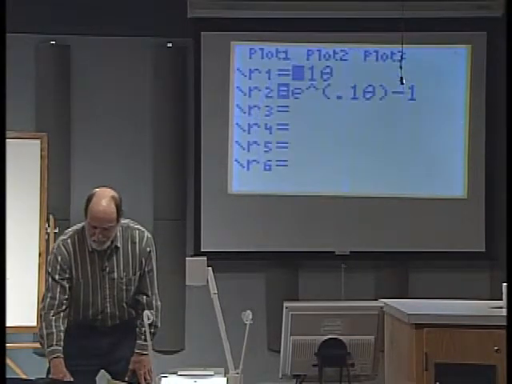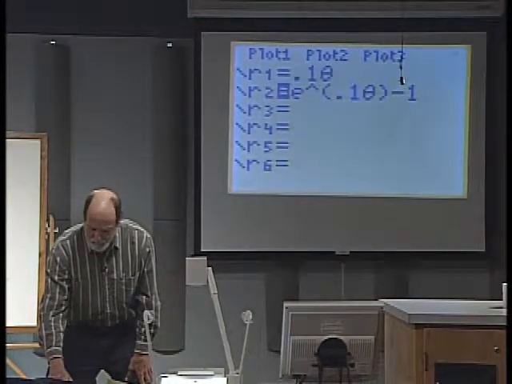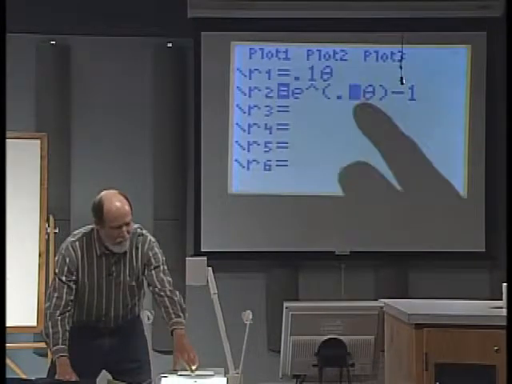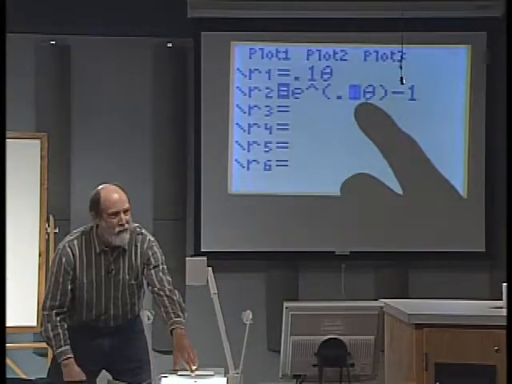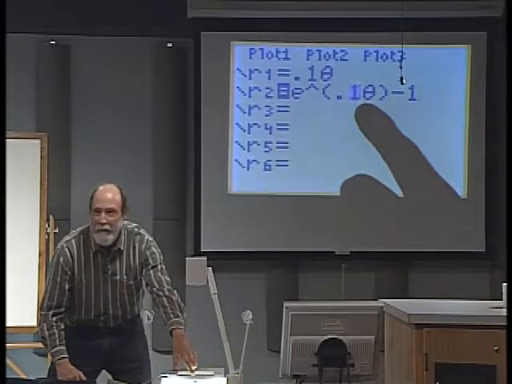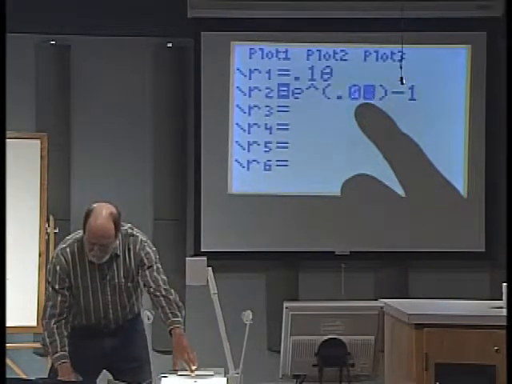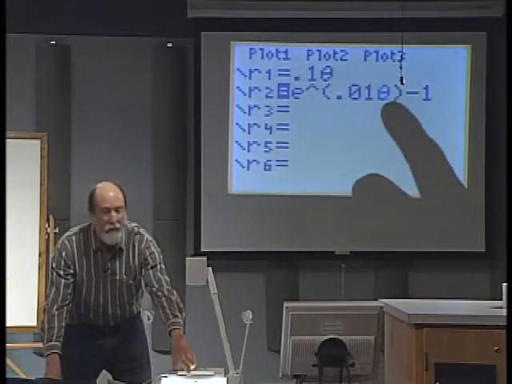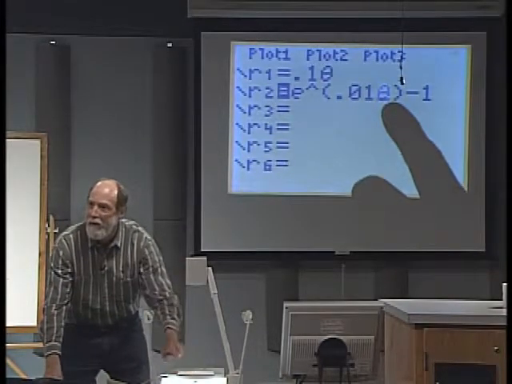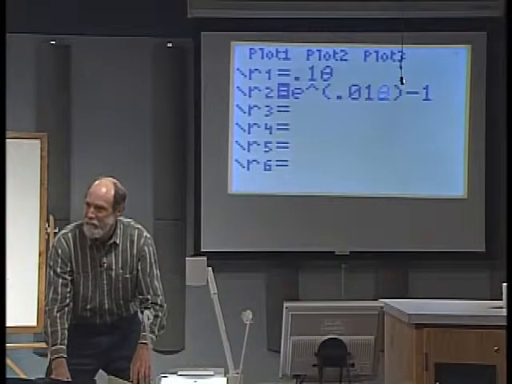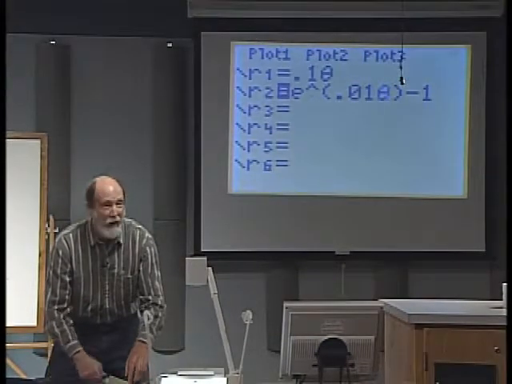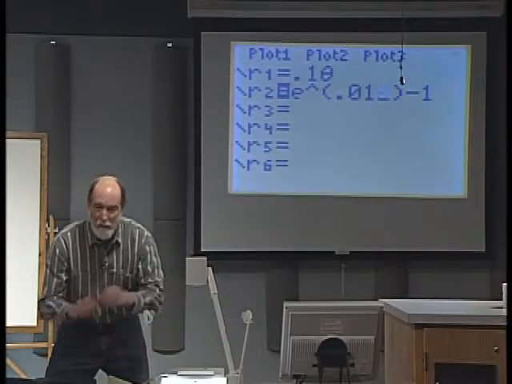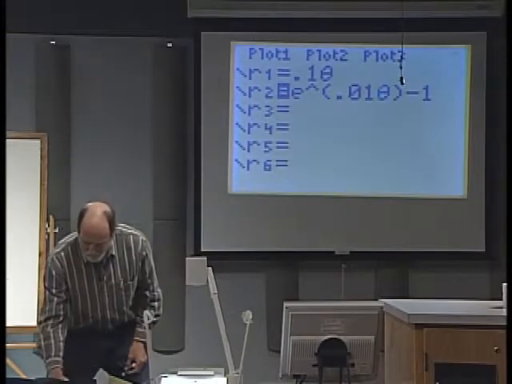Okay, so let's come back here and let this factor be smaller even. How about 0.01, 1/100th of theta on the exponent, right? So now I'm making that exponential polar rectangular plot much flatter even. And let's see how it grows.